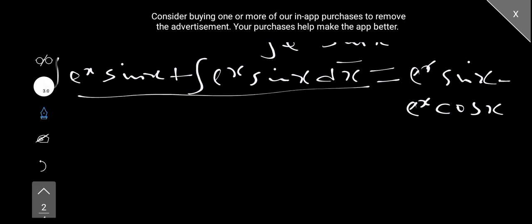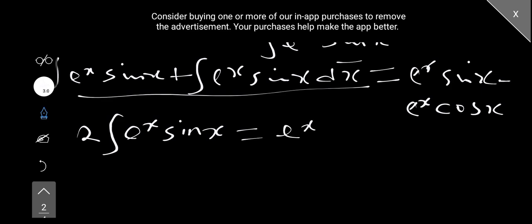When we add the integral of e to the power x sine x plus the integral of e power x sine x, the answer is actually 2 integral of e to the power x sine x, which will give us e power x sine x minus e power x cos x. Wonderful, we are getting somewhere.